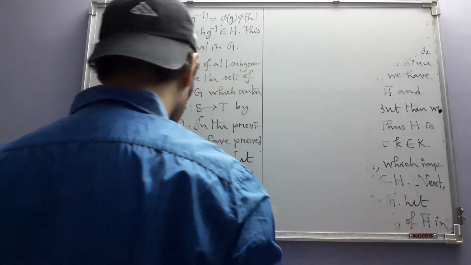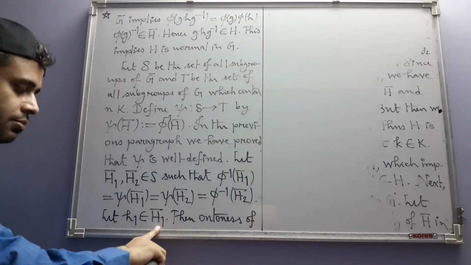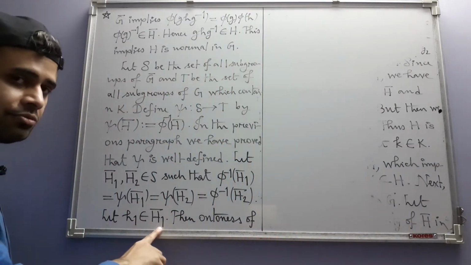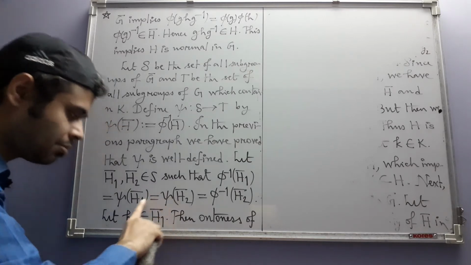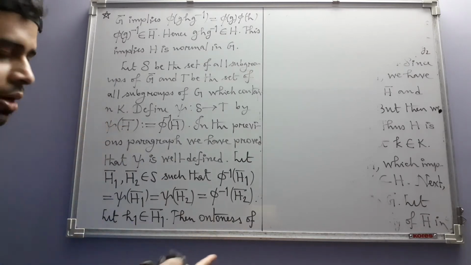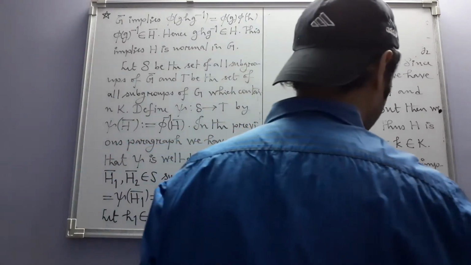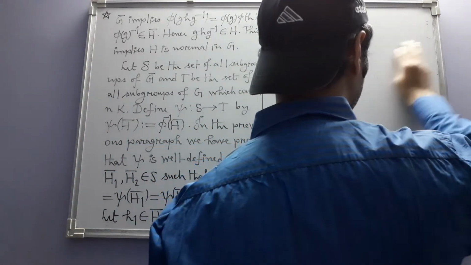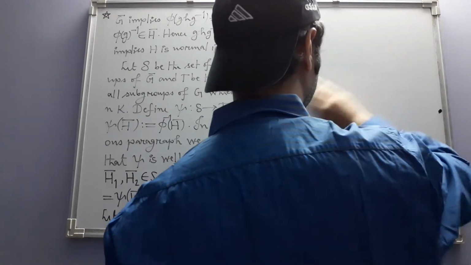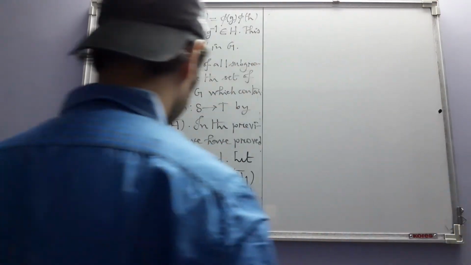Since H1 is an element of H1 bar, and this H1 bar is contained in G bar, H1 is also in G bar, and that's why it will be the phi image of some element in G due to that ontoness.